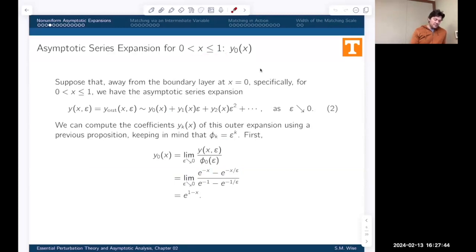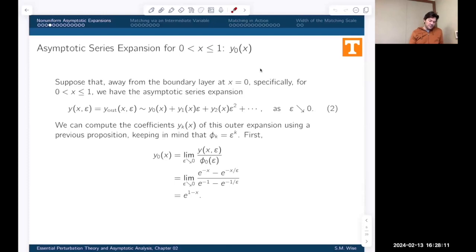So the first thing we want to do is, let's suppose we have an asymptotic series approximation of this, or an asymptotic series expansion. How could we figure out, if we have such an expansion, what are the terms in this series approximation? Well, we had a little theorem which said that if you have an asymptotic approximation of a certain style, then you can peel the terms off through some limit procedures.